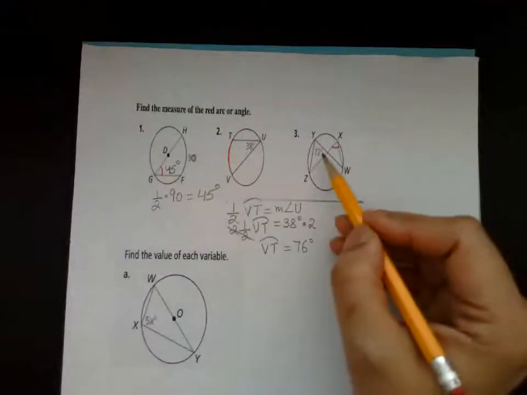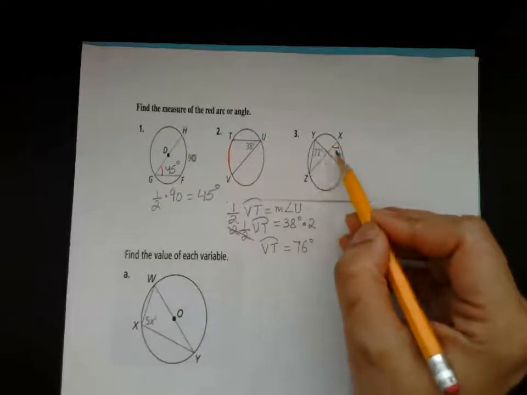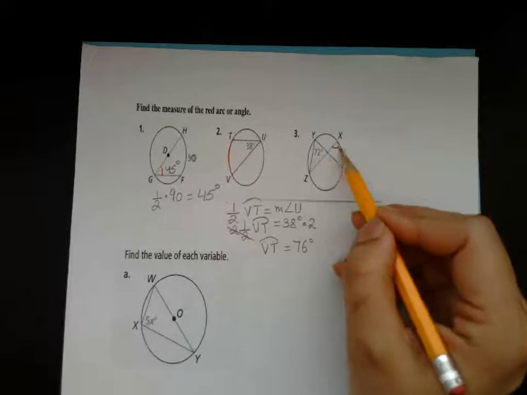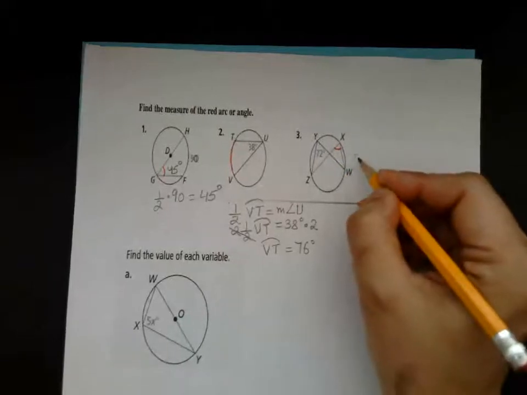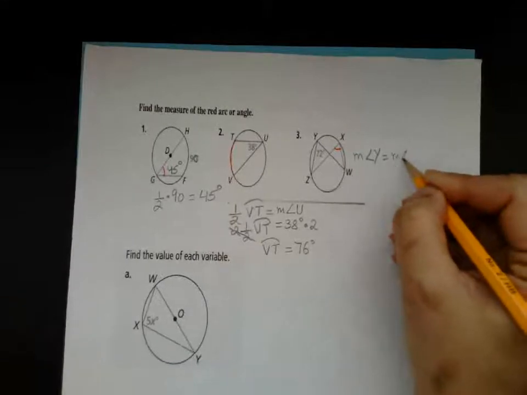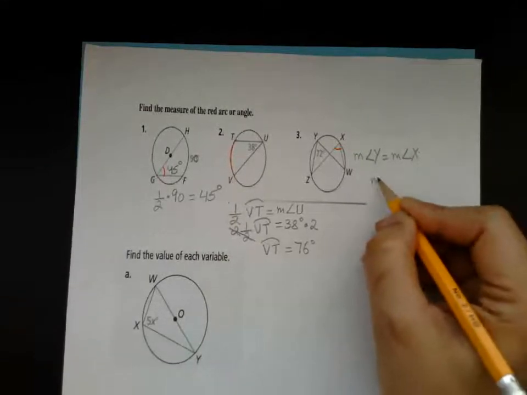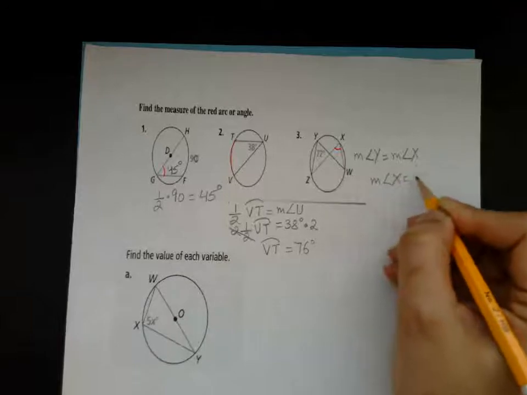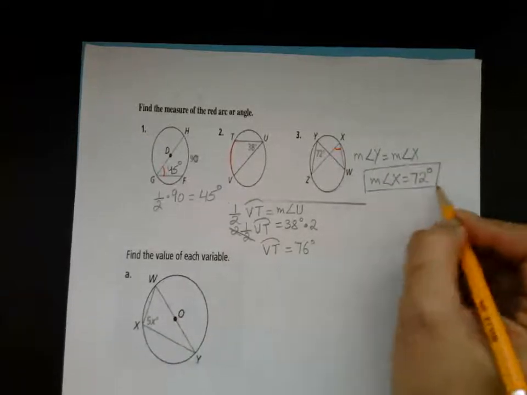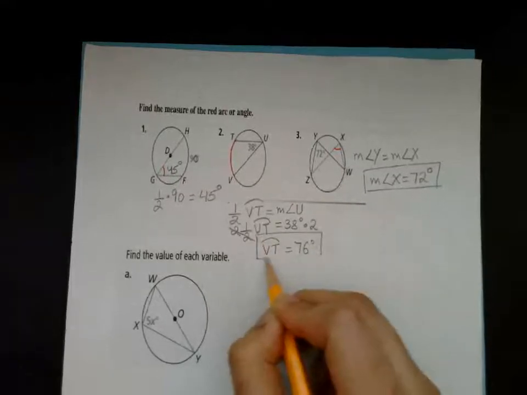Same thing here. So the measurement of angle Y will be equal to the measurement of angle X. So angle X is nothing but 72 degrees, right?